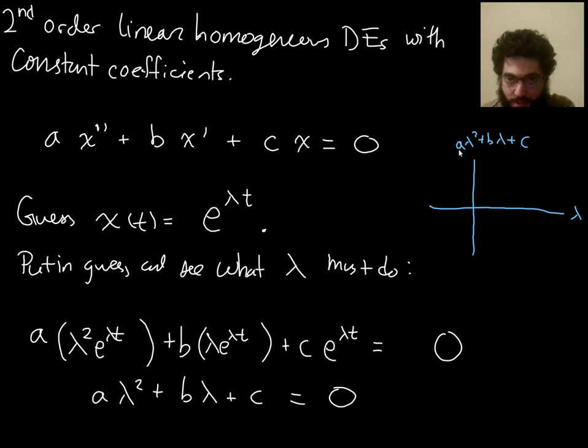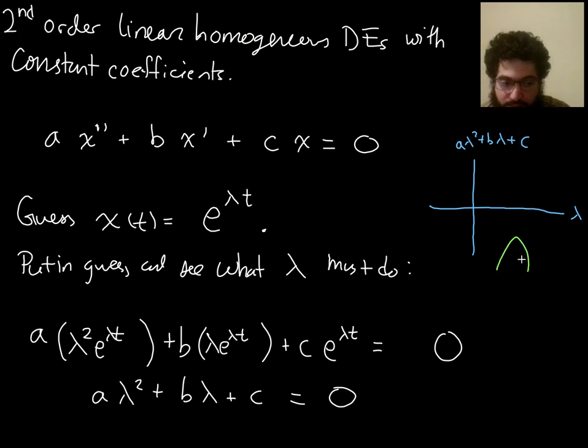It's a quadratic. Well, if a is positive or negative, that determines whether it's flipped like that or like that, right? And depending on the values of a, b, and c, you could have a situation like this, maybe, or like this, where there are 2 roots, 2 values of lambda that make it 0.